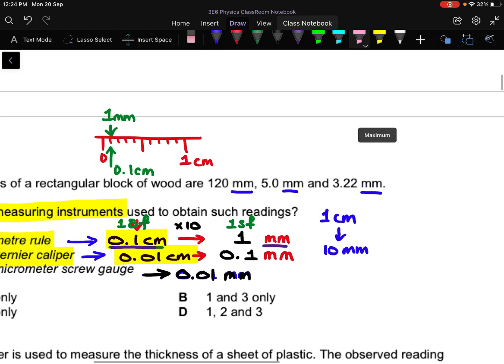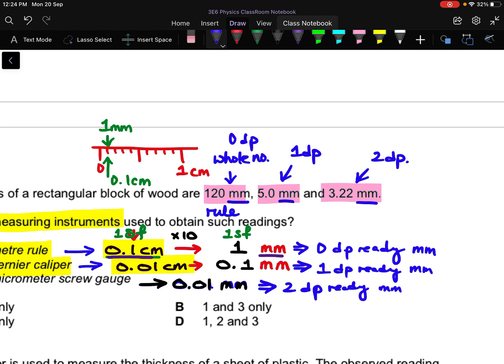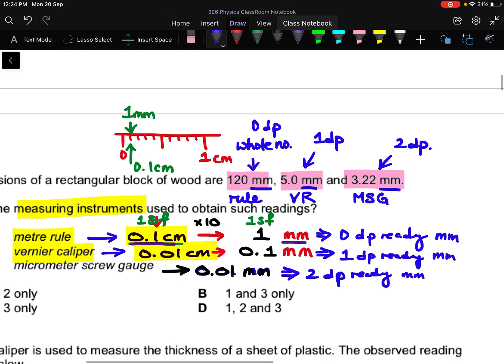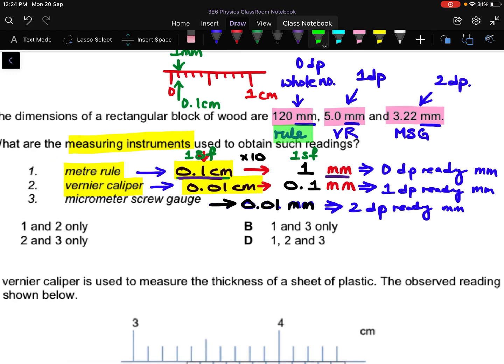So if you look at the dimensions provided, you can actually see that the first dimension actually is a whole number, so meaning that this is 0 dp, and then the second reading is 1 dp, followed by the third reading, which is 2 dp. This means that the first reading is measured by a ruler, second reading is actually measured by a vernier caliper, and the third reading is actually measured by your micrometer screw gauge. So as a result, what are the measuring instruments that you would need in order to measure this? You actually require all three.